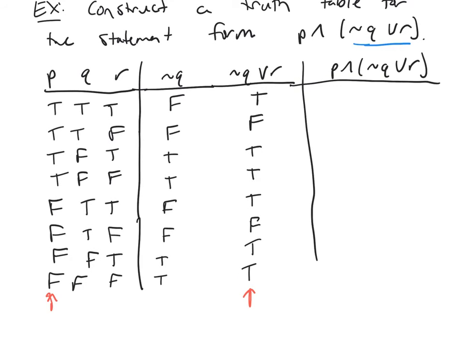So they both need to be true to write down a T. So here it would be true, false, true, true, and then the last 4 entries, P is false, so it'll be false, false, false, and false. And there's your truth table.